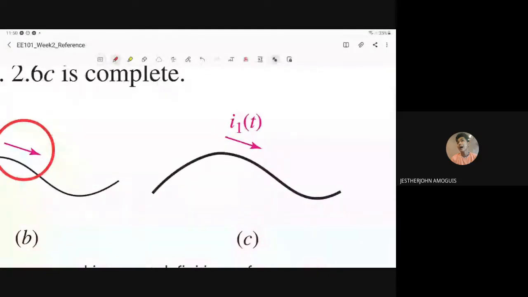Okay, so kung time varying siya, wala ba dapat curve, sir? Yes, wala dapat siya curve. Pero kung wala siya curve, unsa dapat iyang nawong? Dapat straight line lang.